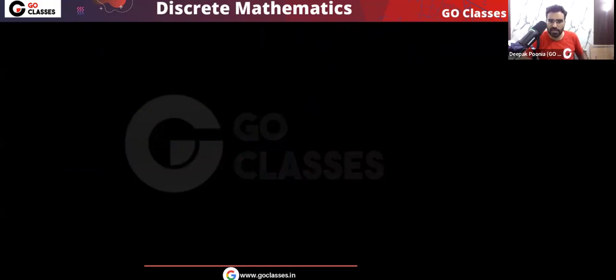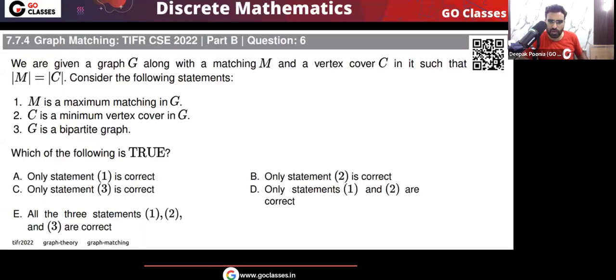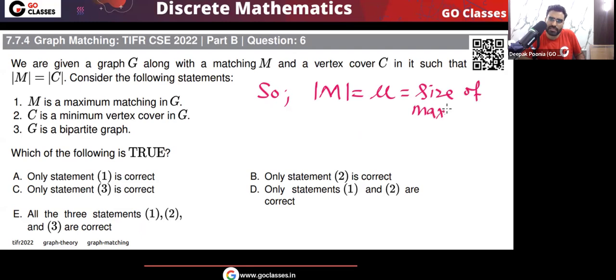Is this clear? So finally I can say that the size of M is equal to mu, and mu is the size of maximum matching.